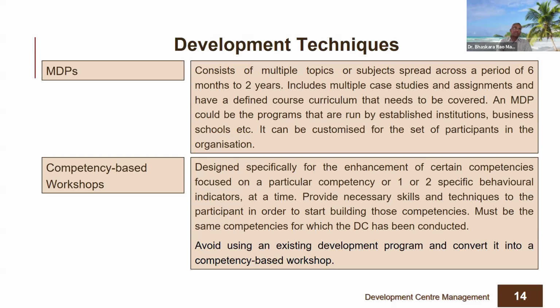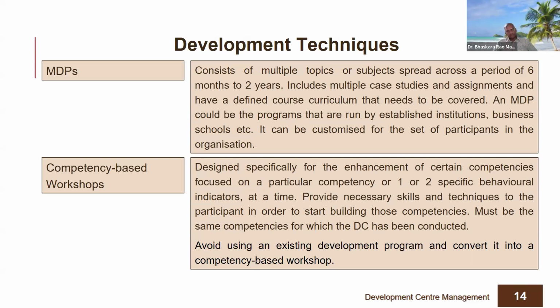If it is done by the universities or the business schools, and if you have a sufficient number of participants, the organization can invite the business school or the university to conduct the program in house. How does it happen? When you do the development center for several employees, the development center identifies some areas of improvement for each employee. Then the L&D department and the HR department have to look at the developmental needs of each of these employees and cluster them with people having similar developmental needs.